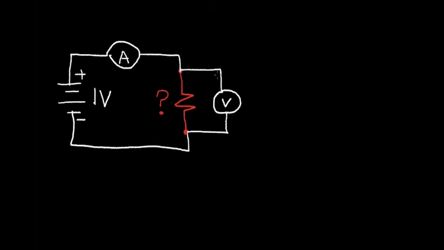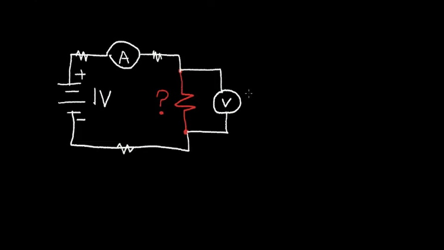Now I put the voltmeter right across the resistor terminals because this wire is going to have a little bit of parasitic resistance, and I don't want to measure that. And the battery will have some series resistance associated with the battery. So by putting the voltmeter right across my unknown resistor, I don't measure these parasitics that are in the circuit.